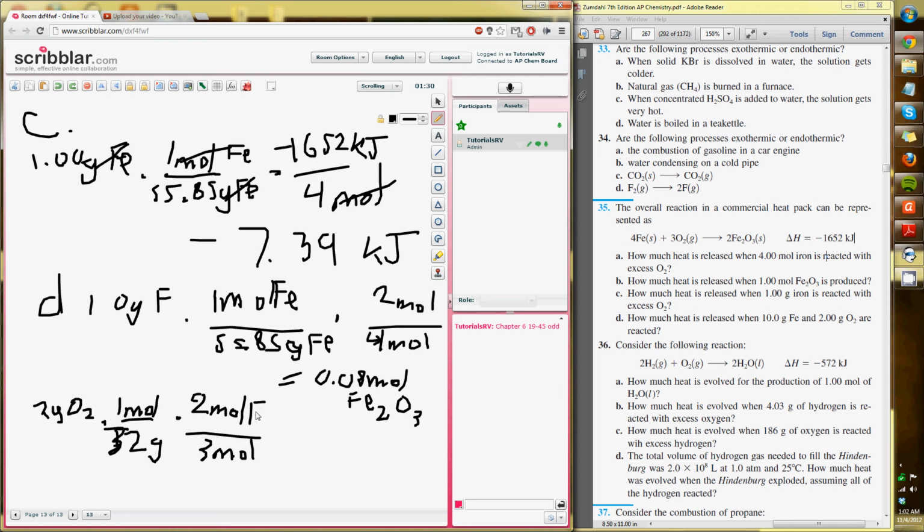And this is, of course, the product. And this is 0.0416666 moles. Which one's lower? This one. That's the limiting reactant. O2 is the limiting reactant.